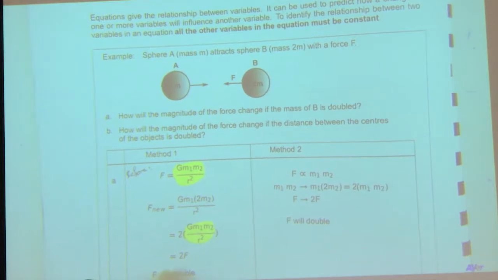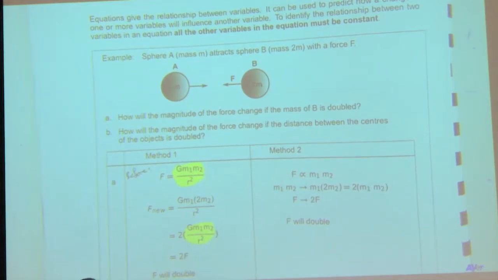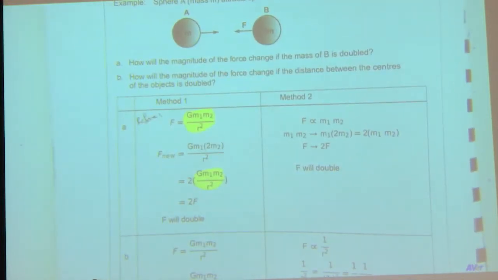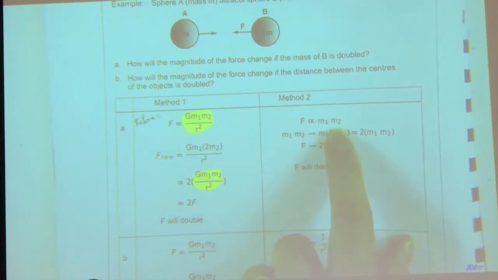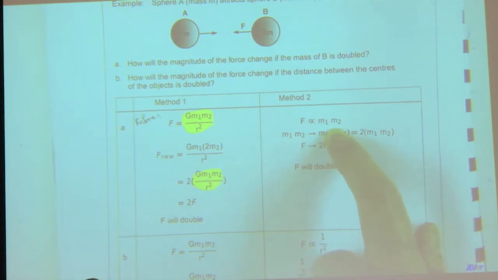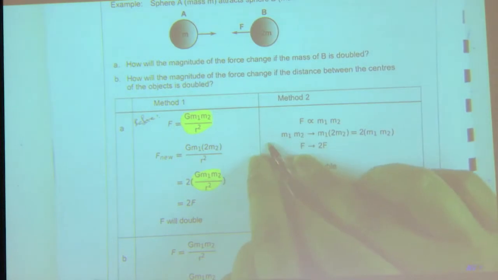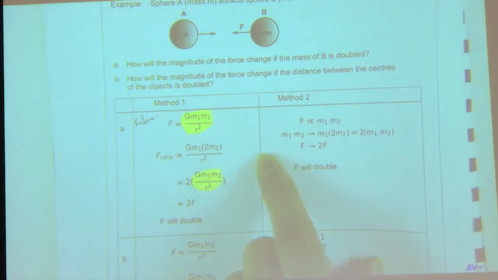So now we have 2 times the original F. Twice. Another way to do the same thing would be to look at the relationships first, to say that F is directly proportional to that mass because all the other things are constant, and then saying if this one doubles, then obviously F will double as well.